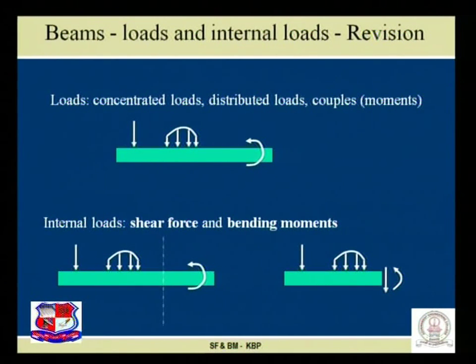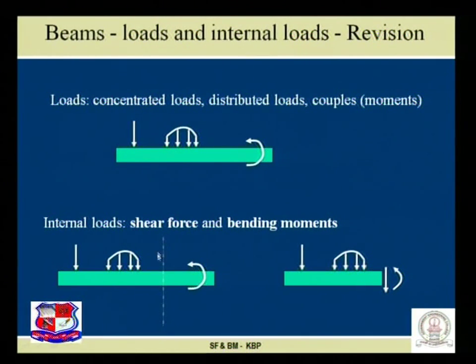Let us refer to this particular figure of a beam. This beam is subjected to various kinds of loading. These loadings are known as external loadings. Now, to find out the internal loadings, let us take a section XX over here.